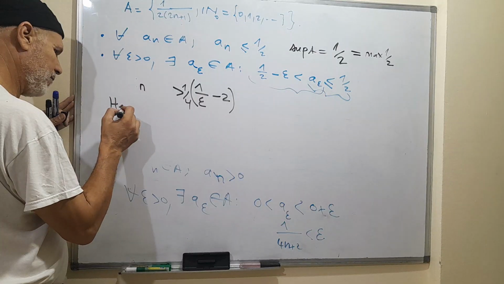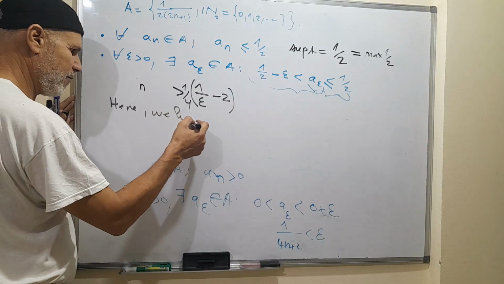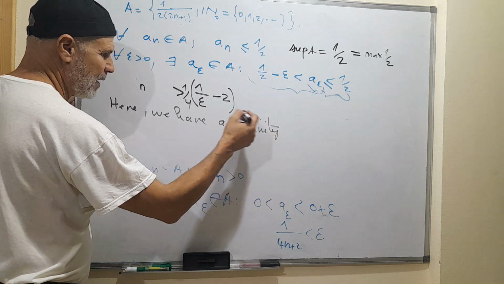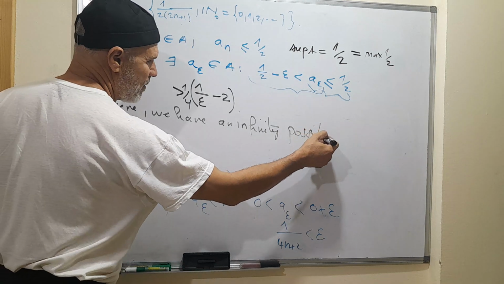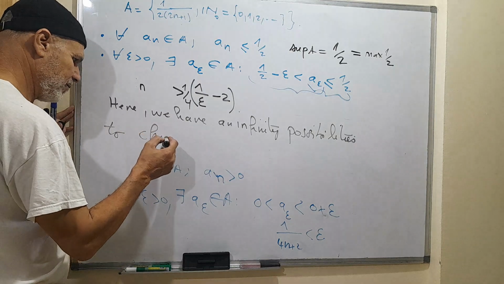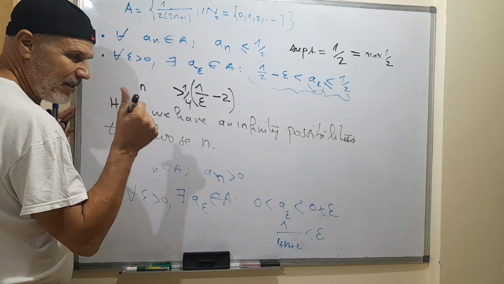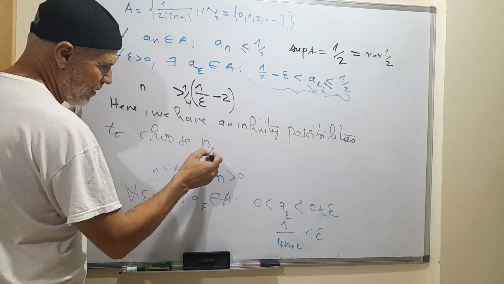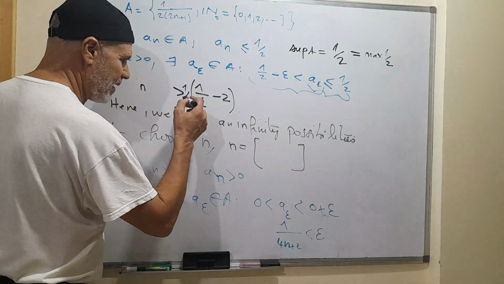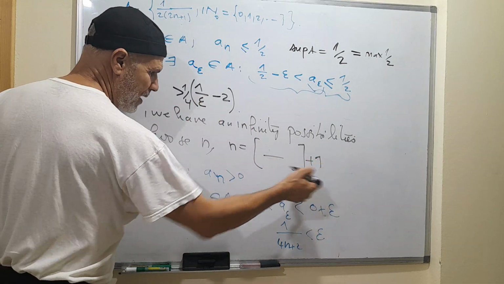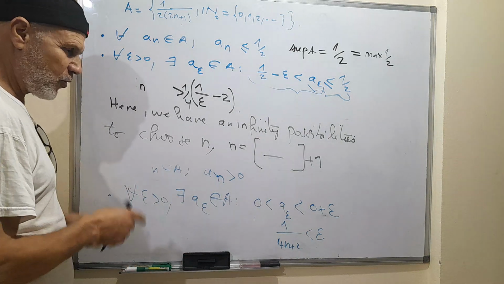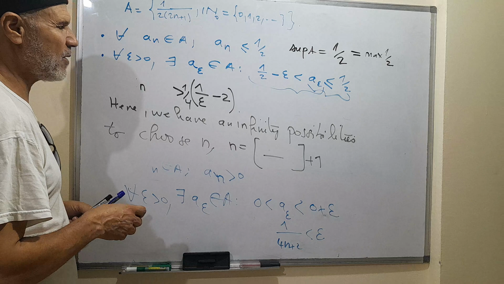Here we have an infinity of possibilities to choose, and it is sufficient that we find just one. We can take, for example, the integer part of this real number plus 1, and this n fits the inequality. So we are sure that the infimum is equal to 0.